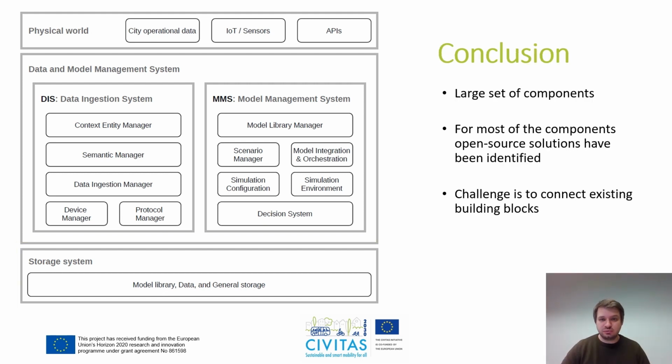To conclude, we have seen that there is a large set of components that are necessary to set up the technical architecture of a digital twin. And this is only the abstract formulation of these individual components.